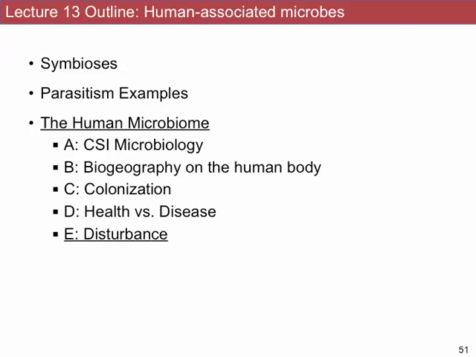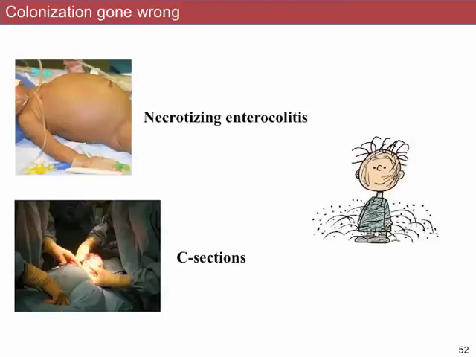And so one way to look at this is by looking at what happens when you disturb the microbial community in some way. There are many ways that we either purposefully or accidentally disturb the microbial community. One of them is by C-section. So if you are born by cesarean section, you are not getting exposed to the microbes in the mother's birth canal.